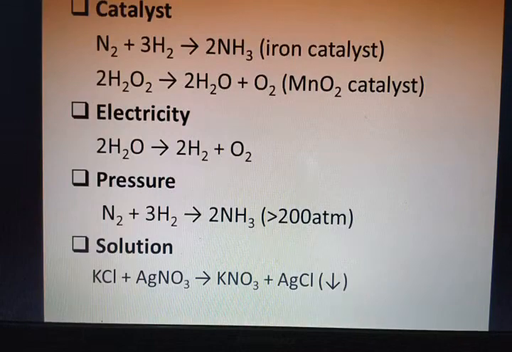Now over here I want to mention another important point: you may find some reactions, one or two or three, that are not balanced.